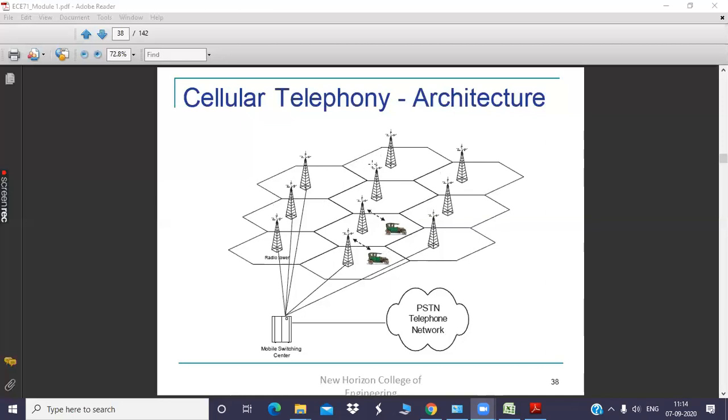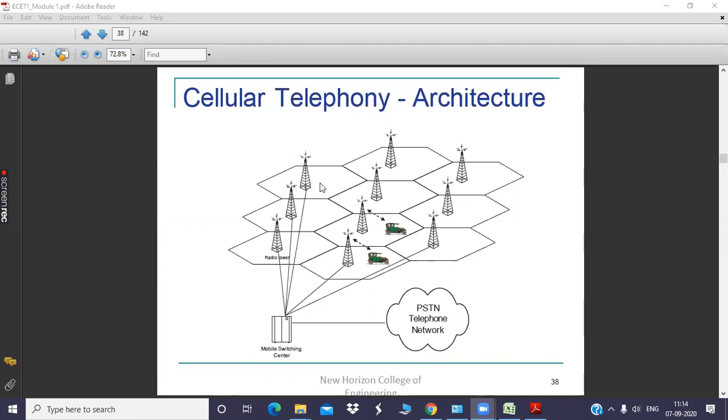And all these base stations in all these cells have a radio link established with a mobile switching center. At the same time, this mobile switching center communicates with the PSTN network also, so that the landline subscribers in the PSTN network will be able to establish a conversation with the mobile subscribers making use of this cellular system.